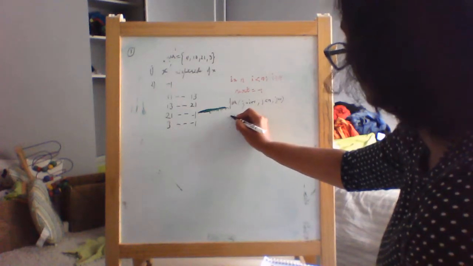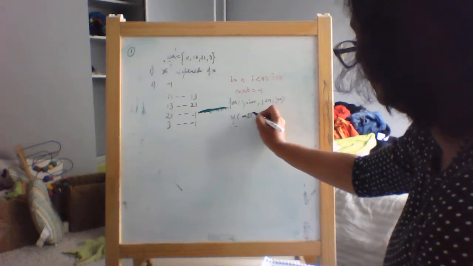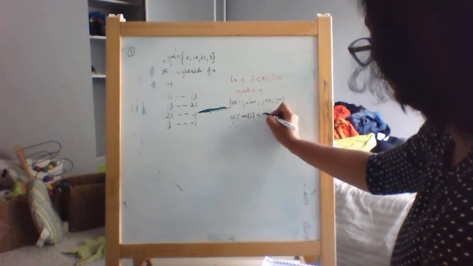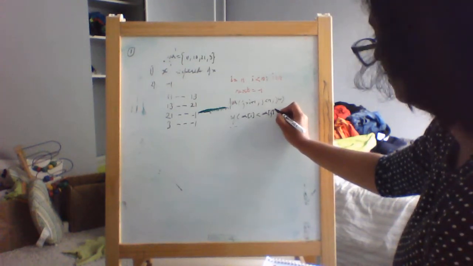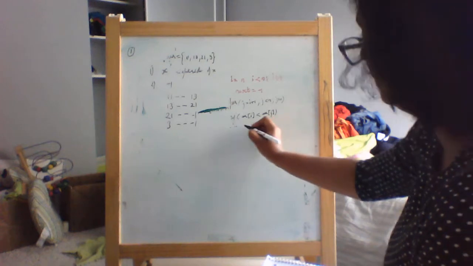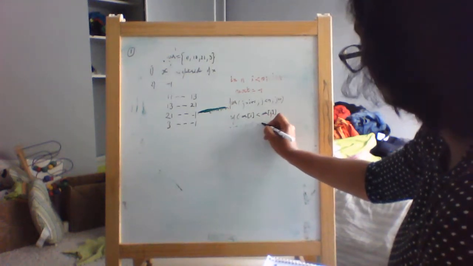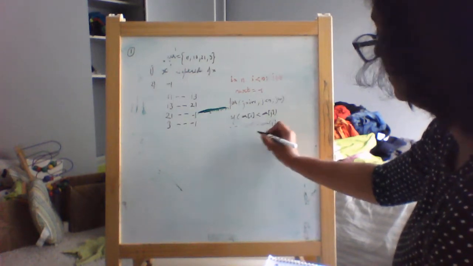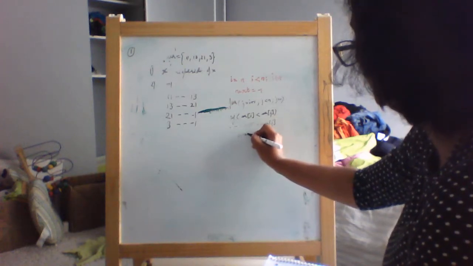If array of i is less than array of j, next will be here, next is equal to array of j, and then we break the loop here.